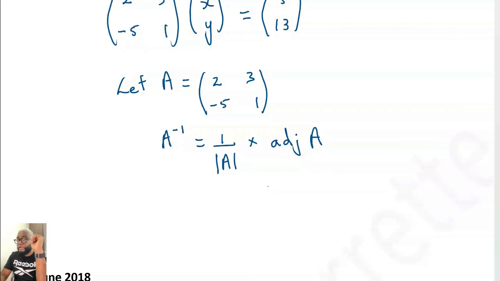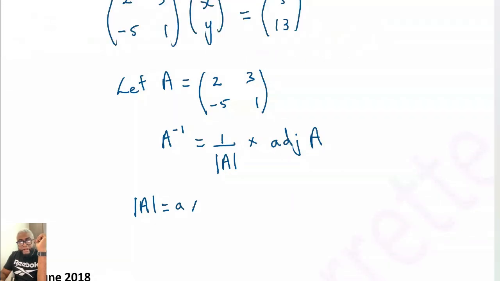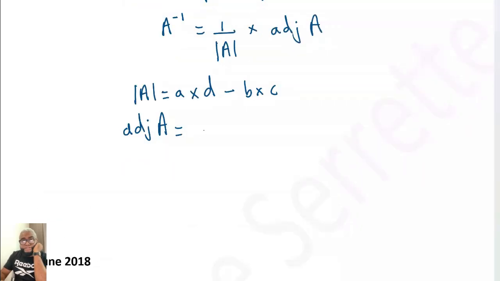You know what else you should have written? You can go back and see that the determinant of A is equal to A multiplied by D, minus B multiplied by C. And you'll see that the adjoint of A is equal to D, A, and then negative B and negative C. When you turn back, you're supposed to see all this.